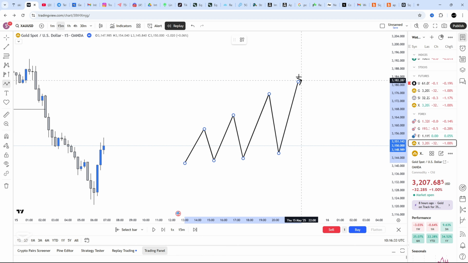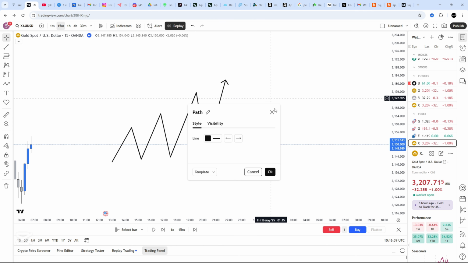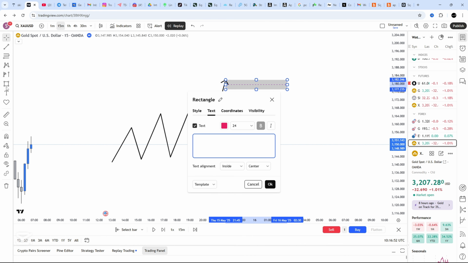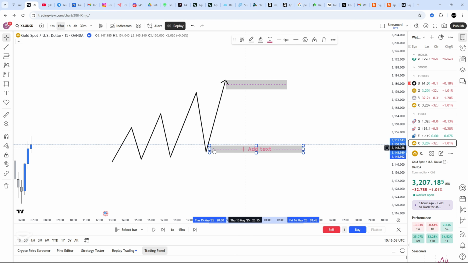So this zone here will be a supply zone, and this is also a demand zone, same as support and resistance. So this is resistance, this is support.